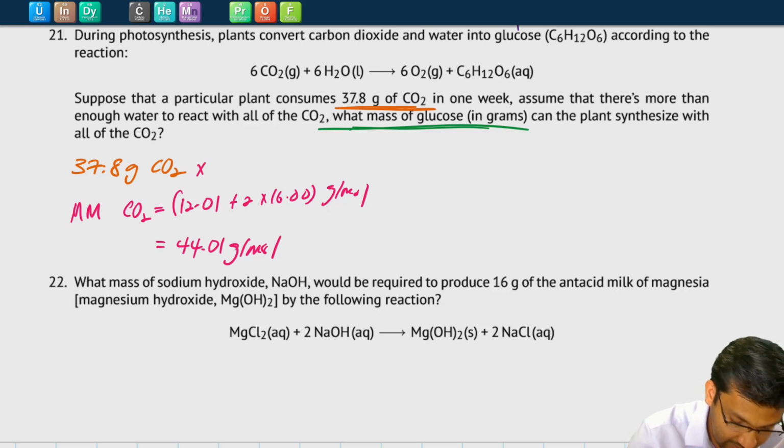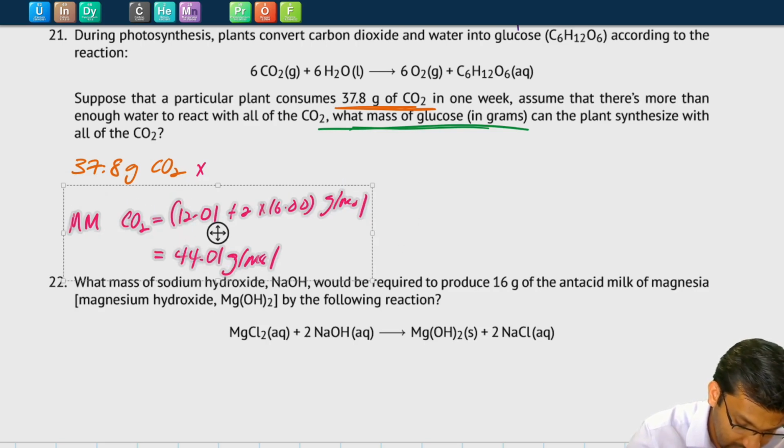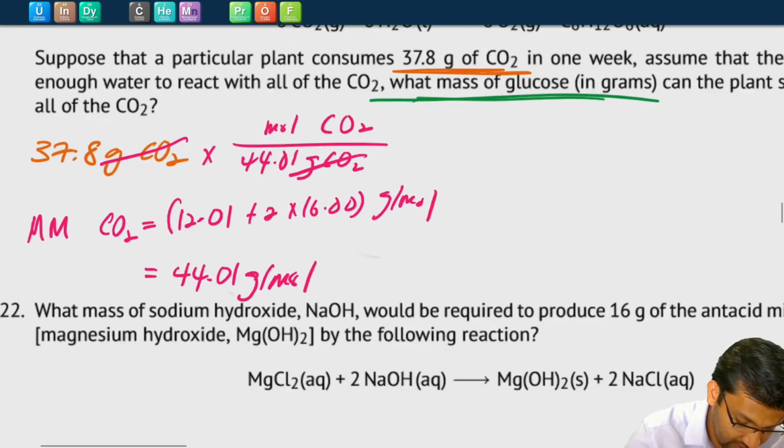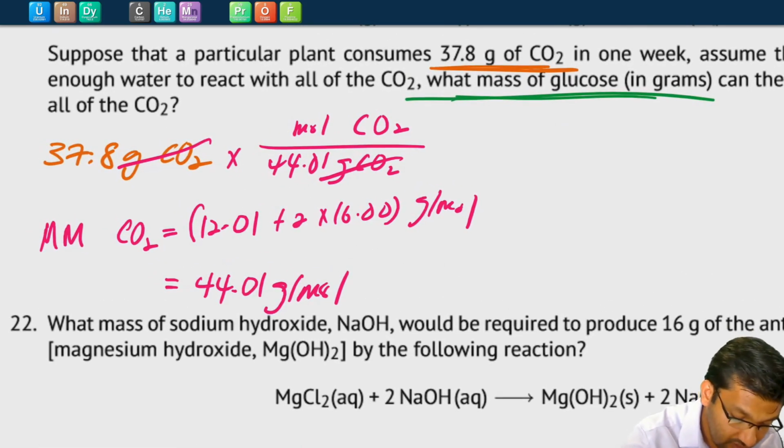So we can use that. And let me just move this down a little so that I can make some space. So 44.01 grams of CO2 per mole of CO2. So we've now converted to moles of CO2. Now we use the mole ratio.